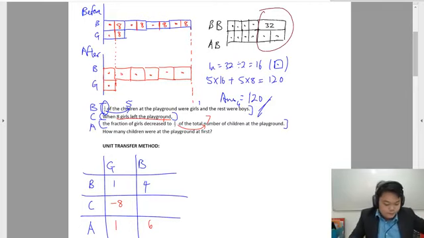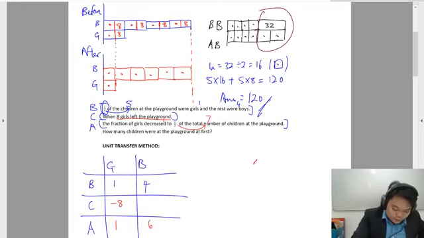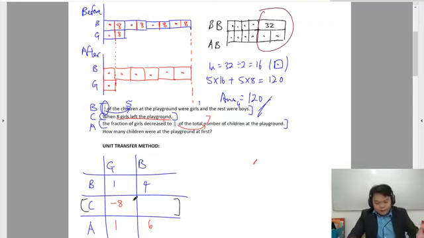Okay. So once we have done this already, hang on, I think there's something wrong with my. Once we have done this already, we can now say that we want to look at the change row, because in a before and after problem, the most important aspect is the change.